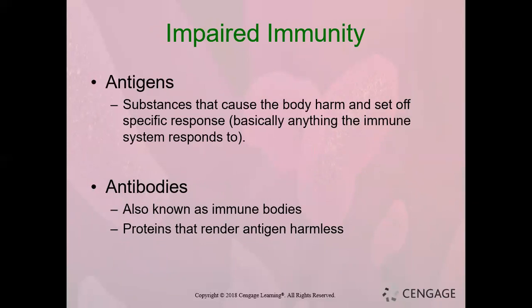Antigens are substances that cause the body harm and set off a specific response. And antibodies are proteins that render the agent harmless. So when you think about antibodies and antigens, I always think about similar to immunizations and how that works.